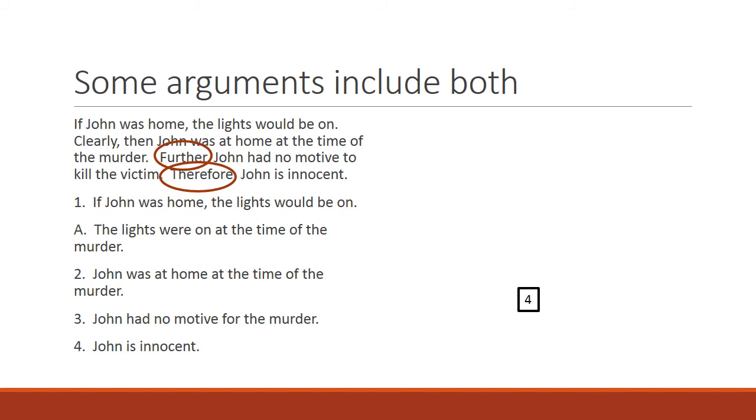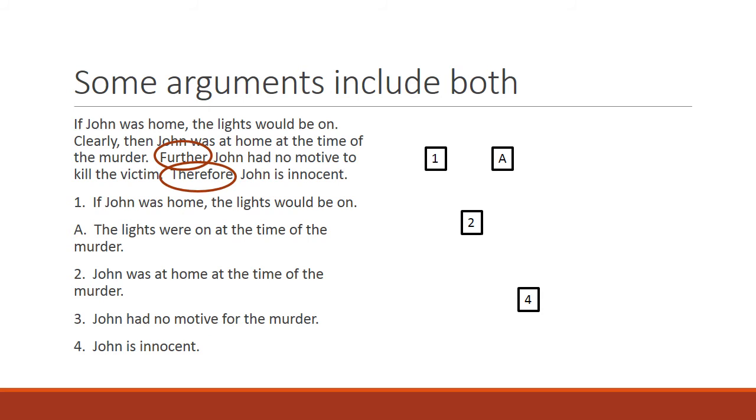We're then going to start with our first premise at the top. If John was home, the lights would be on. The lights were, in fact, on, and therefore John was at home at the time of the murder. Apparently, the author is trying to provide John with an alibi.